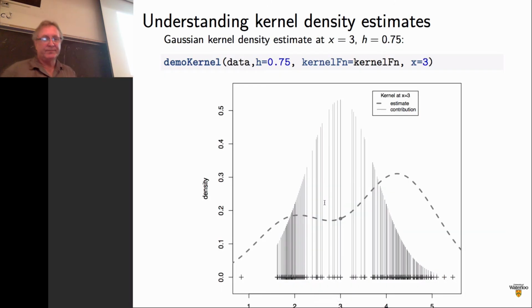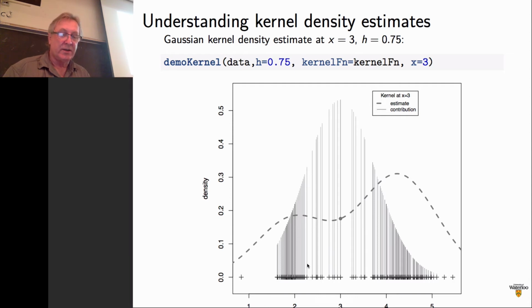So for example, if I'm interested in focusing on x equals 3, this spot here, the kernel density estimate is this dotted line. The value that I'm estimating at 3 is that dot there.